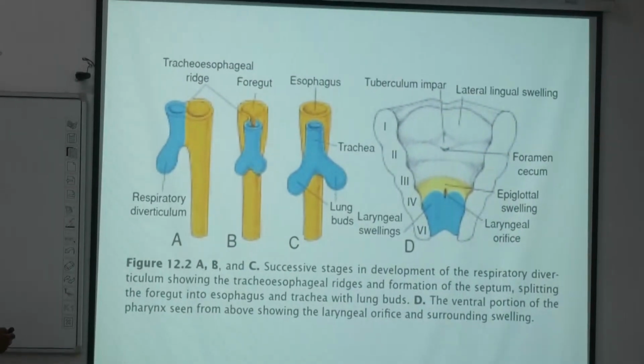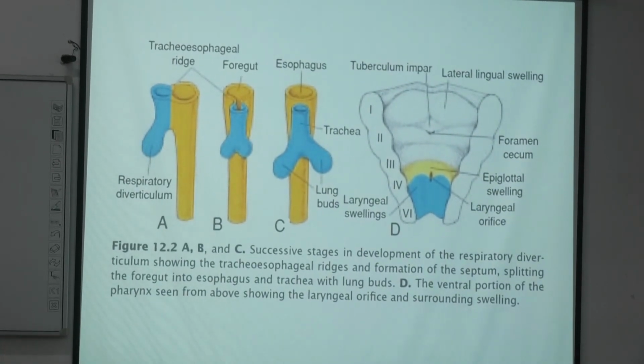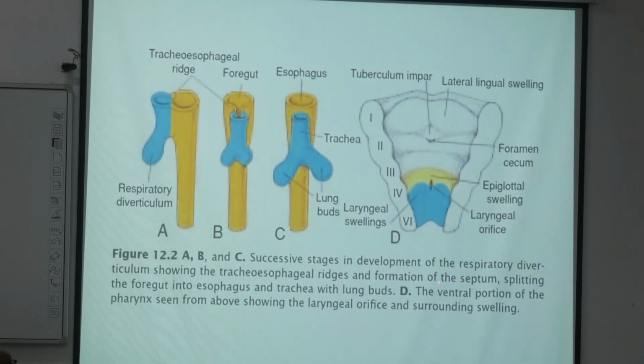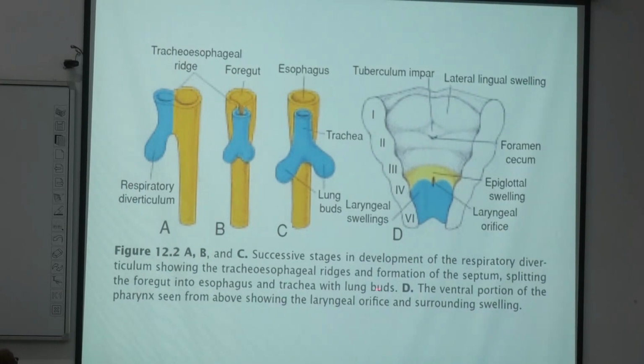Now, beautiful illustrations, easy to grasp, are the A, B, C, D. A, B and C are successive stages in the development of the respiratory diverticulum, showing the tracheoesophageal ridges and formation of the septum, splitting the foregut into esophagus and trachea with lung buds.